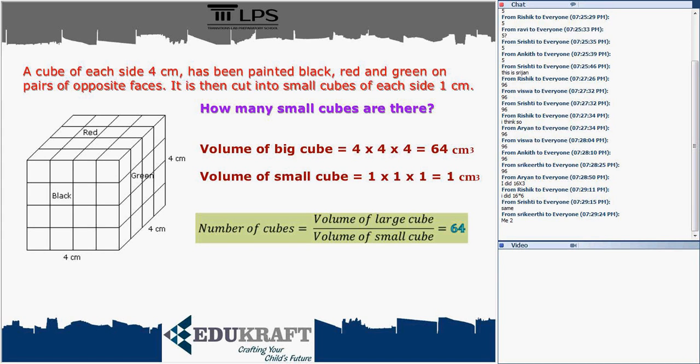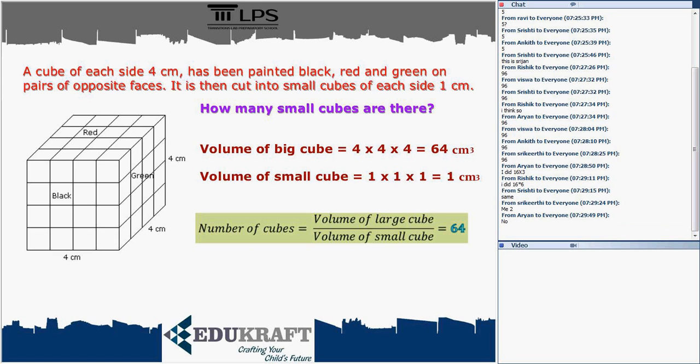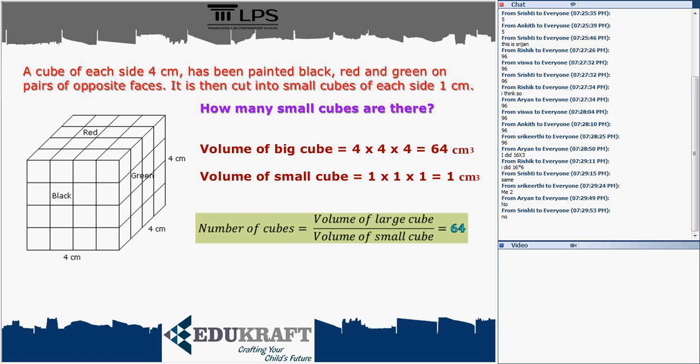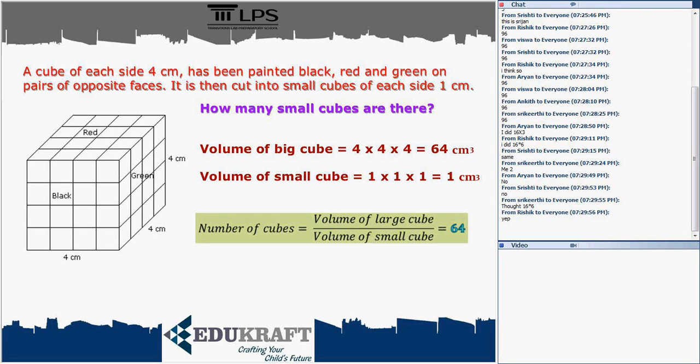It's a multiplication that gives me the formula: volume of large cube upon volume of small cube. In order to find the number of cubes, I would have to do volume divided by the volume of the small cube. Okay, proceed.